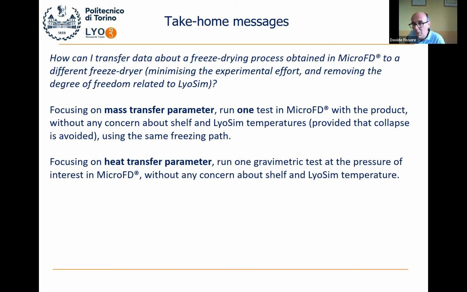And from one test with the product, you may get the two parameters, A0 and A1, that describe the structure of your product cake, that you want to be the same in the other unit, because obviously you want to avoid collapse or shrinkage.